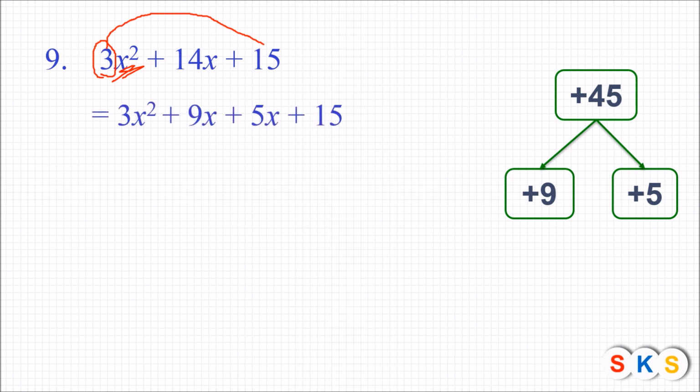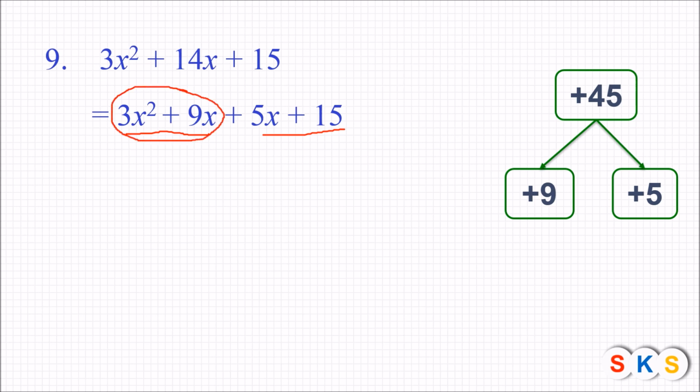You can see that I've split the middle term as 9x plus 5x. Correct? 9x plus 5x is equal to 14x. After splitting the middle term we will make a group of the binomial. This is your first group of the binomial and this is your second group of the binomial. After making the group of the binomial, we will find the common between these two terms.